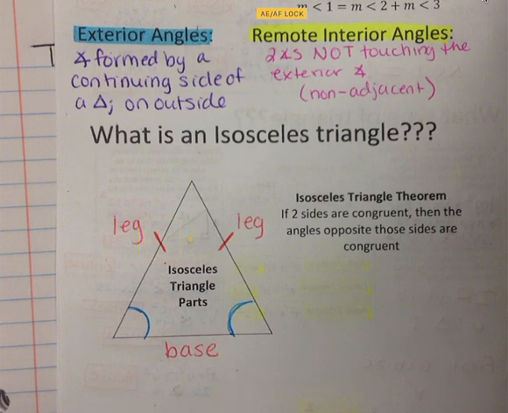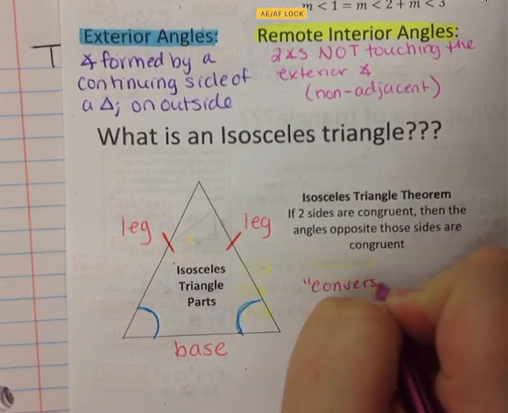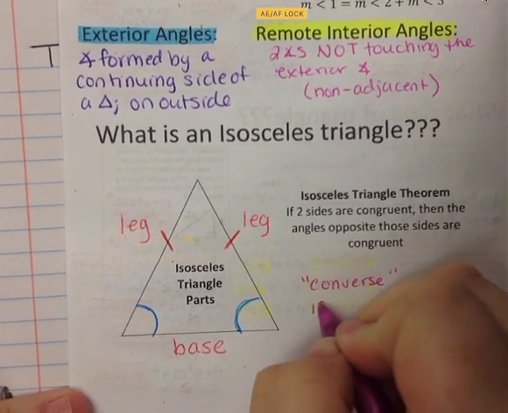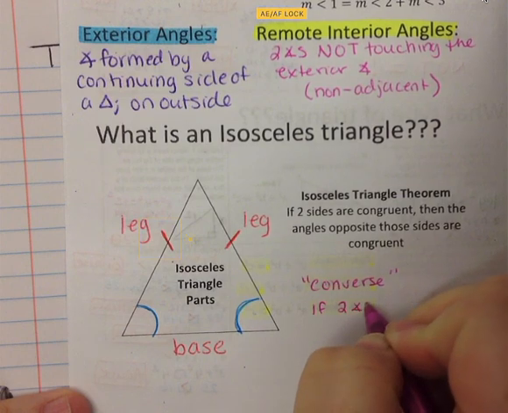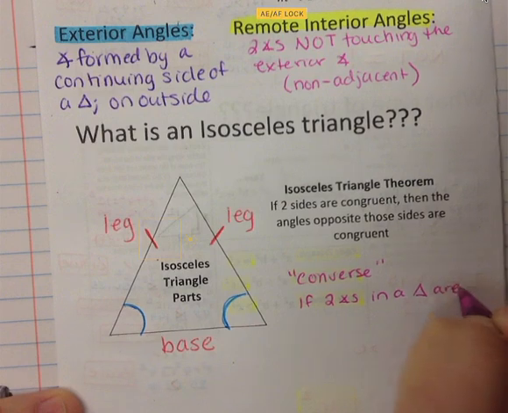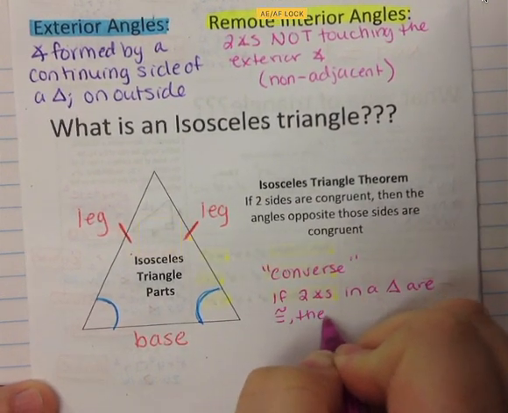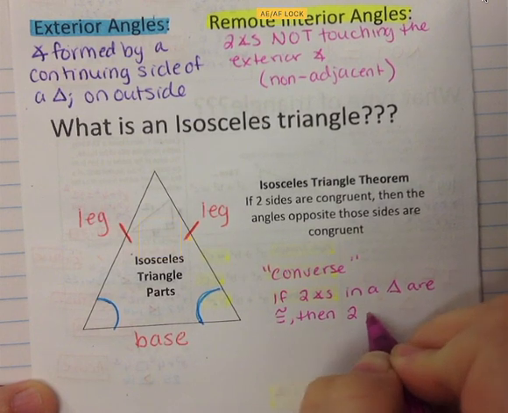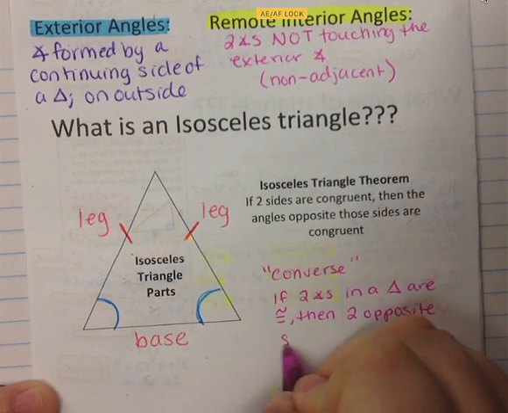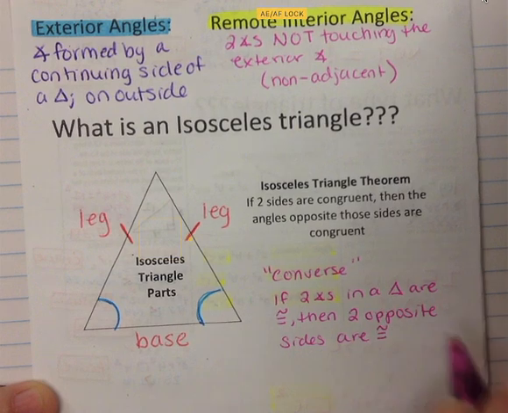The statement that if two sides are congruent, then the angles opposite those sides are congruent, has a converse. The converse of the isosceles triangle theorem states that if two angles in a triangle are congruent, then the two opposite sides are congruent.